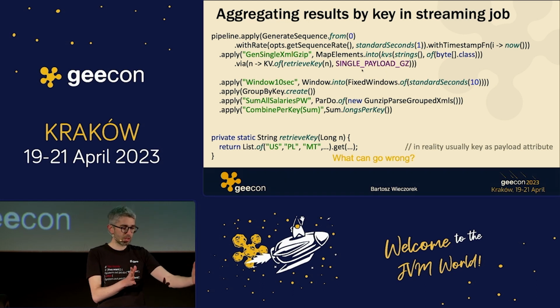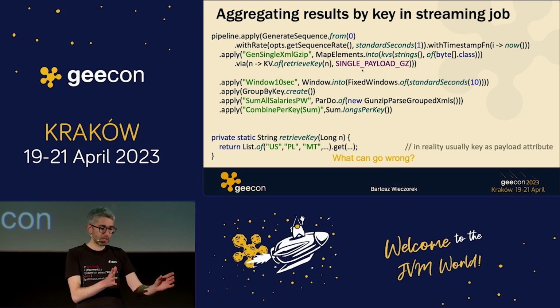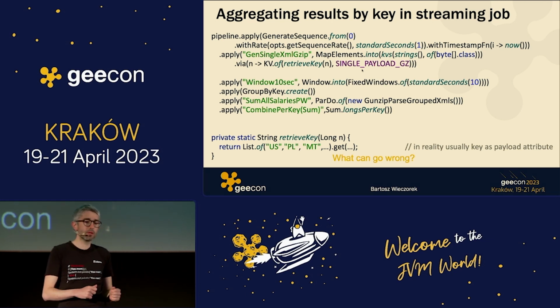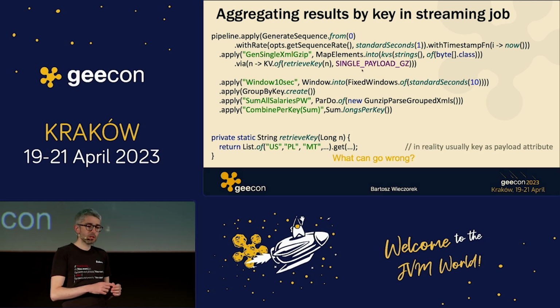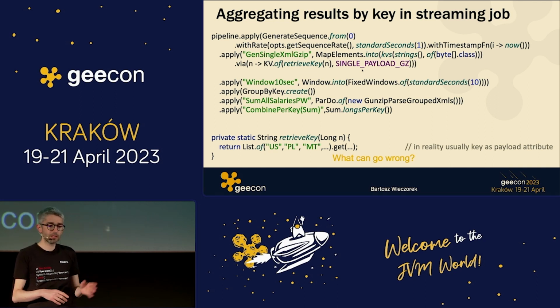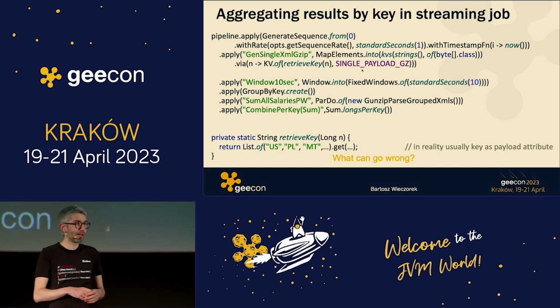And across these elements, I'm calculating the sum of salaries, but this time per country. I've chosen 3 countries, or 3 places where I've been: US, Poland, and Malta, for some reason. What can go wrong?